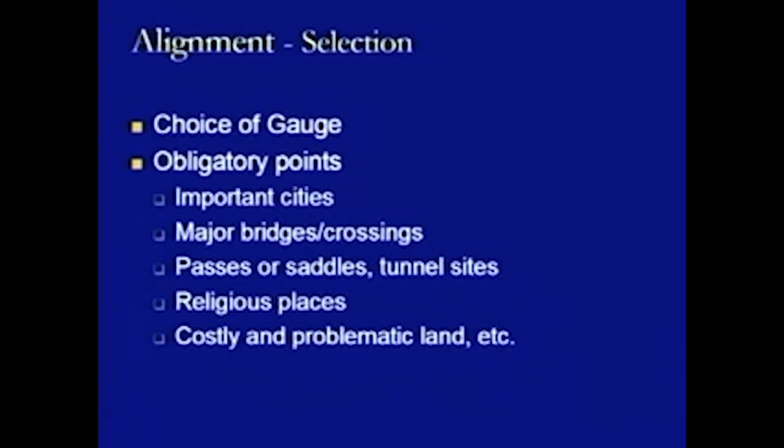Similarly, as we have seen, there are certain physical features which create an obstruction to the movement, like lakes or hillocks. At these locations bridges need to be provided or tunnels need to be dug. If we are looking at this type of condition, we have to go for a major bridge, or provide some type of crossing at that position.